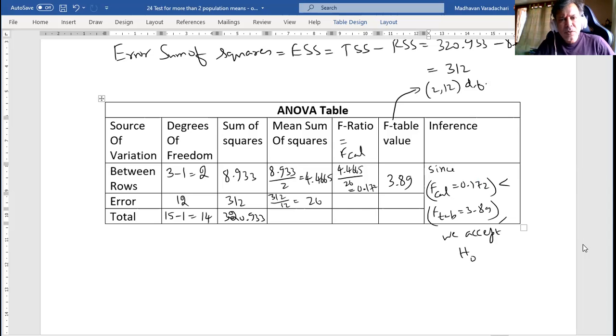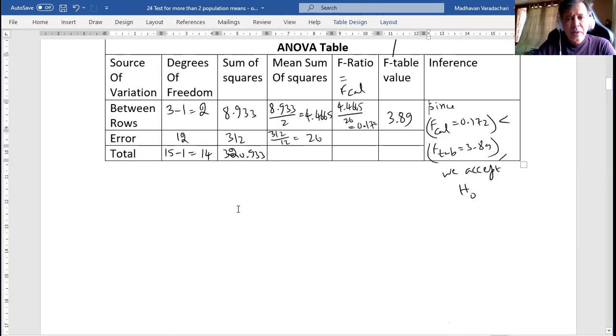Means there is no significant difference between the 3 different systems as far as the cleaning time is concerned, or the efficiency of the cleaning is concerned. That will be the interpretation or inference for this particular problem.